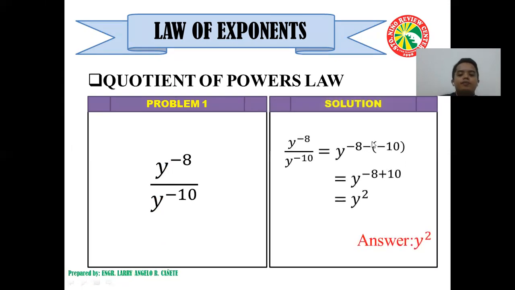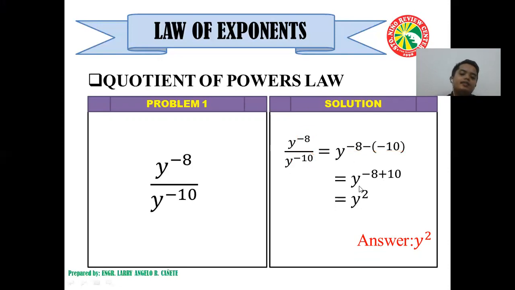So this is how I arrive at the answer, y squared. So y to the negative 8 subtracted by negative 10. So this is negative 8 minus negative 10.